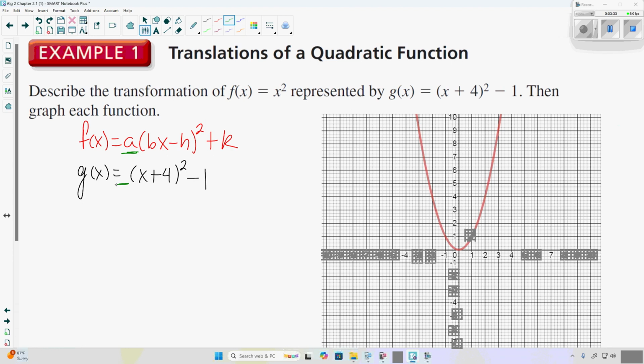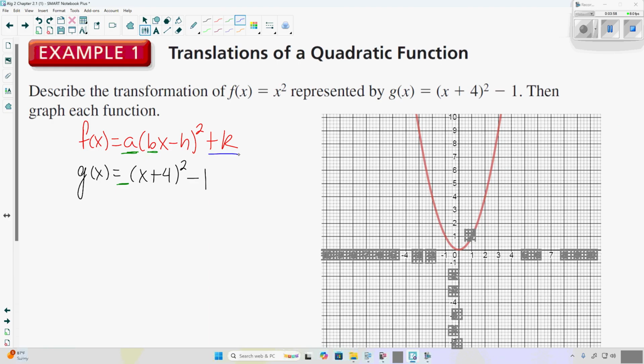No. So there is no vertical stretch or shrink. There is no reflection across the x-axis because we don't have a value for a other than 1. Inside this parenthesis in front of the x, do we have a number there besides 1 for b? Well, no. So there is no horizontal stretch or shrink. There is no reflection across the y-axis.